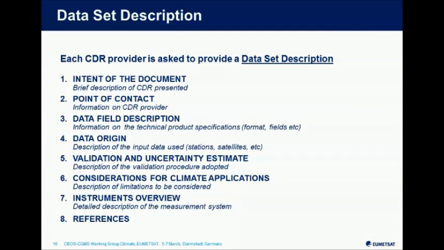This document is supposed to be only 5 to 6 pages. So it gives mostly a flavor of the data set, but with more links and references so that the interested user can go and find more. Basically it contains most of the information the user would need.